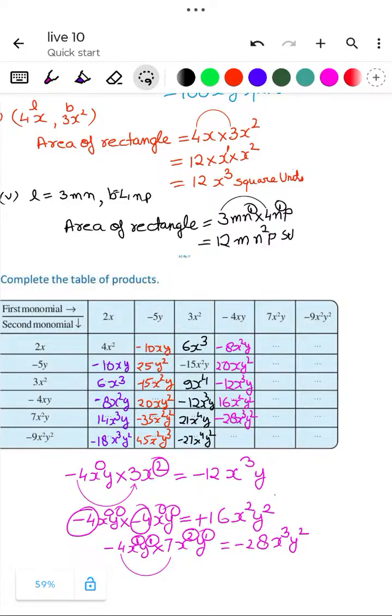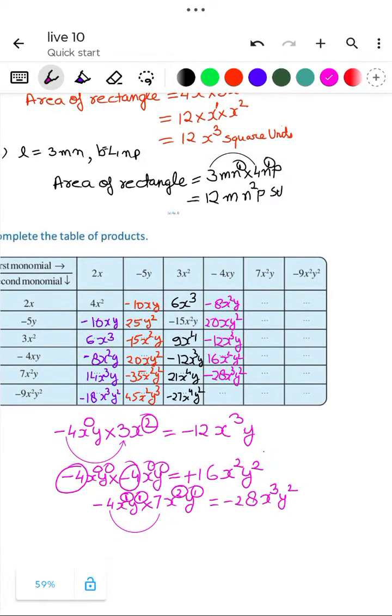Now the last one in this column is negative 4xy into negative 9x square y square. Negative 4xy times negative 9x square y square.